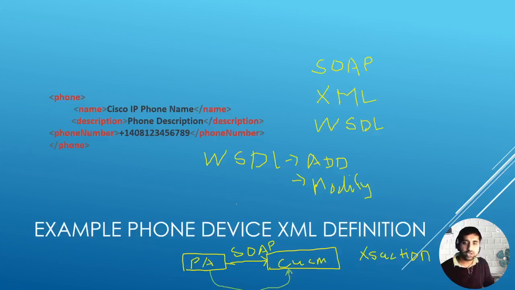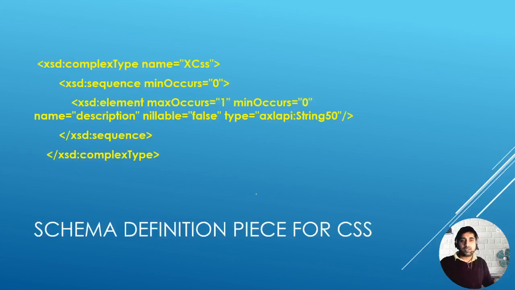So don't worry, and that too using a WSDL, don't worry, we have some SOAP UI clients that can interpret the WSDL files and then provide you an output saying, okay, these are the things that are possible, and these are the requests that you could send across to CUCM. So we will have a look at those things as well. Okay, so yeah, this is how the schema definition, let's say for CSS, would look.